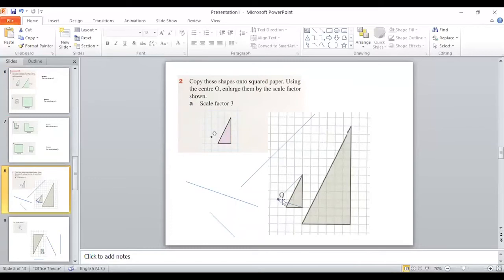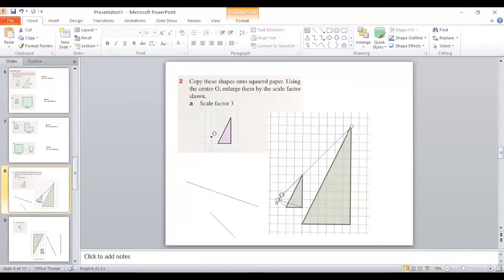We first start measuring the distance from O to each of the vertices of this triangle. We measure them carefully, then, in order to find the other vertices, we multiply each distance by 3. If we measure from O to this vertex, let's say A, it is 4 centimeters long.